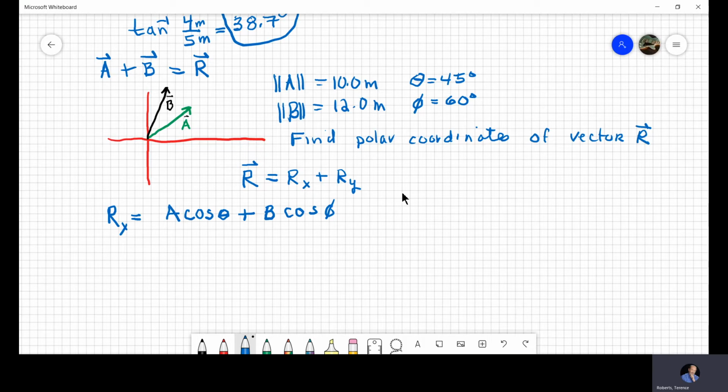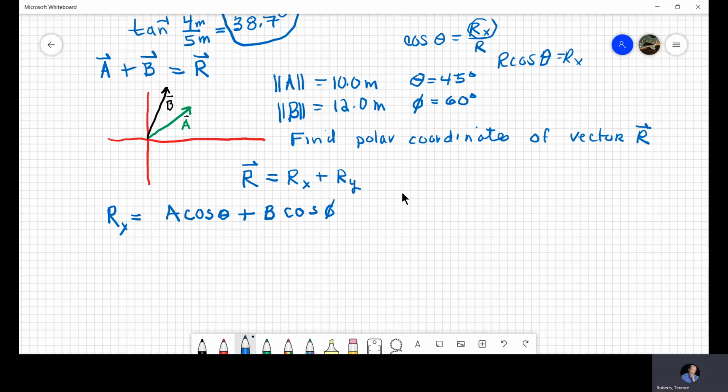Because if cosine of theta is equal to Rx over R, then if we wanted to find Rx, we take R cosine theta equals Rx. In this case, we're trying to find Rx, so we're using a cosine.